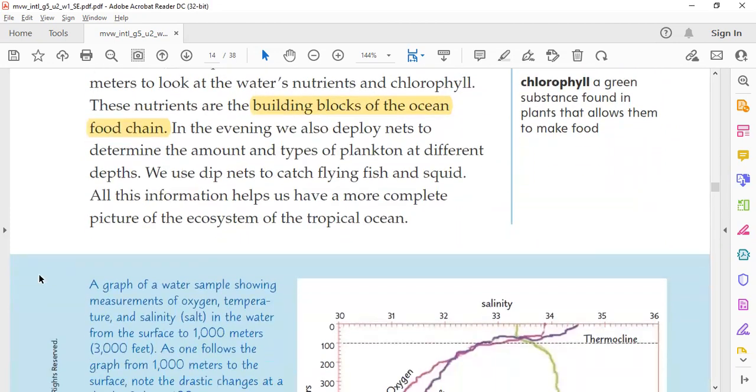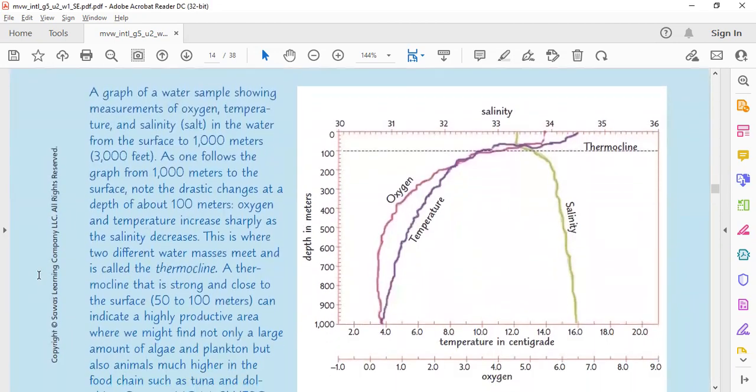Food. Very good. As you can see here, Hamza, what is this called? This is called text features. Very good. What does it do?